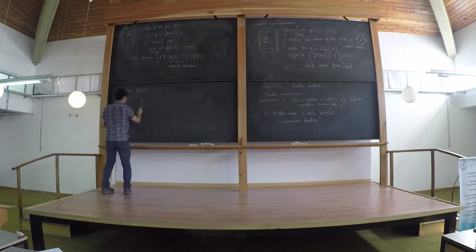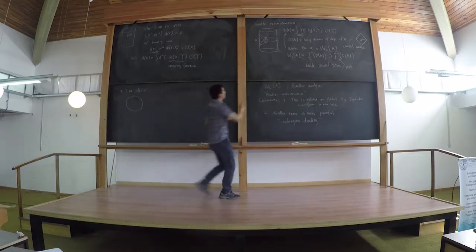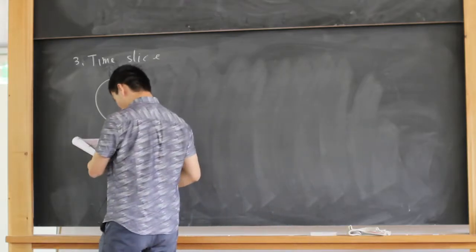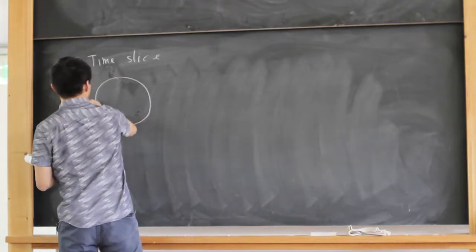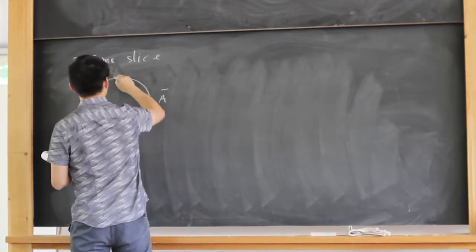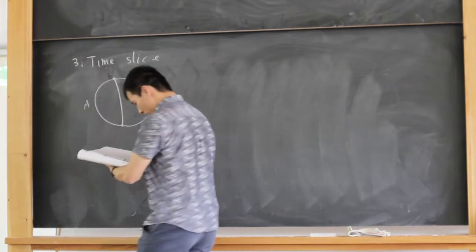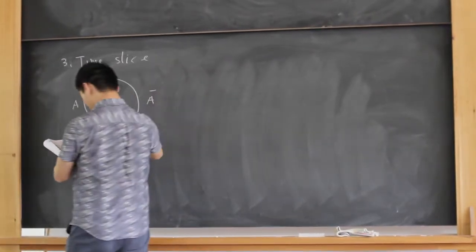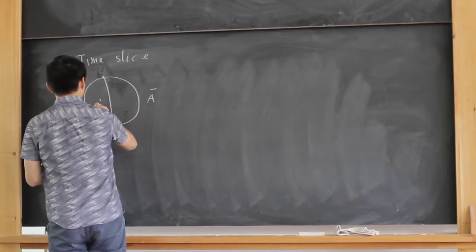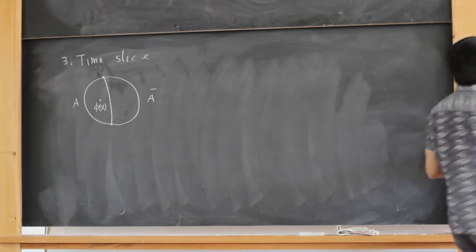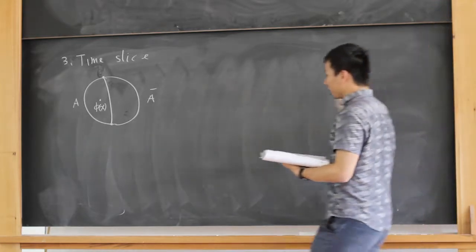And on this single time slice, so that's the same time slice as that over there in the middle, we have A, and we have A complement. We have some boundary. Turns out the boundary in this case is a geodesic. And we have phi of x. It is supposed to be the same x as in that picture.